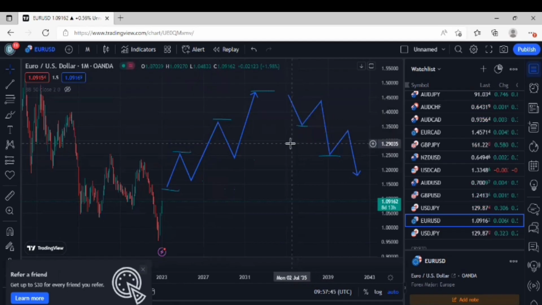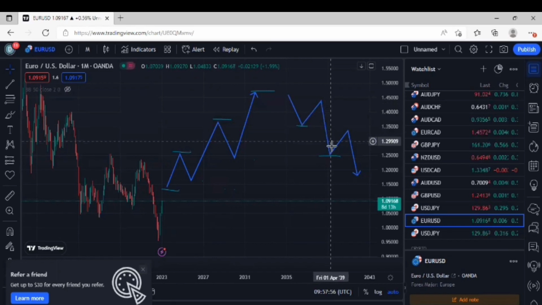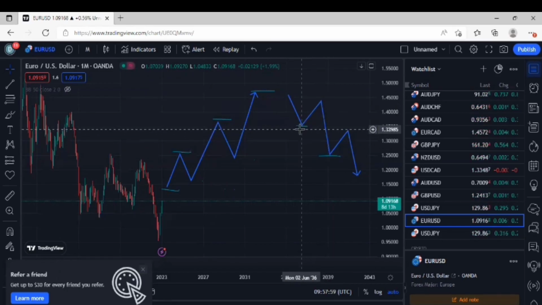Now, for the downtrend, for us to know the downtrend, when the price breaks the previous low, as we have it now, we have a low here, a pullback, then it breaks this previous low that we have here.